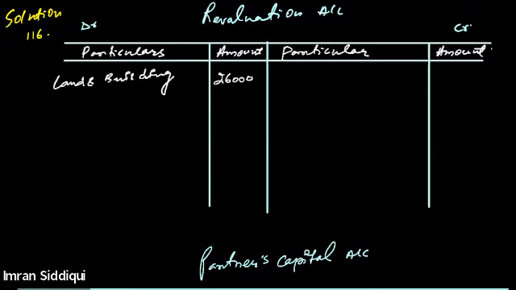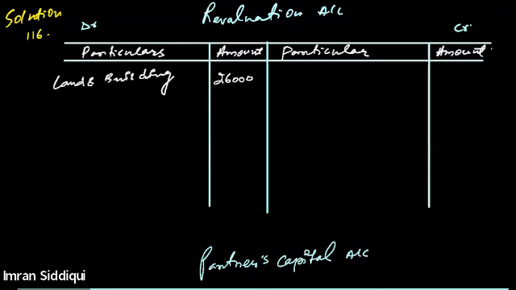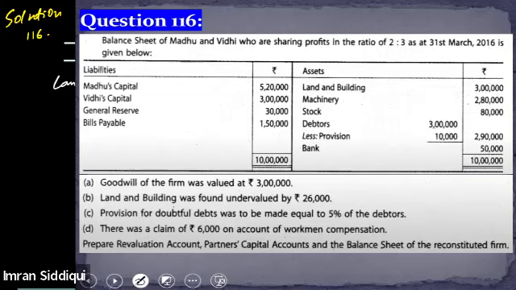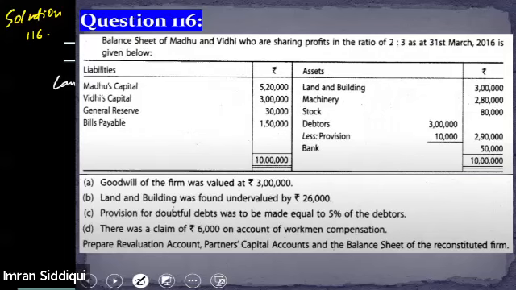Shouldn't we increase it? Is it increasing? No. Undervalued basically means the value of the land and building reduced by 26,000. Earlier, the value of the land and building was 3 lakh. Now it will be revalued at 2 lakh 74,000.